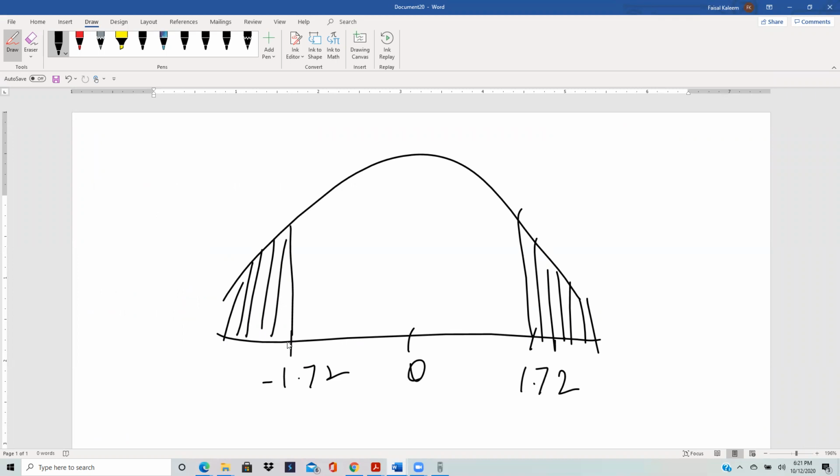But if you take a negative z-value, then the area on the left of it is less than half of the total area. Remember, half of the total area is from 0 on either end. So whenever the area to the left of a value is less than a half, then that value has to be negative.